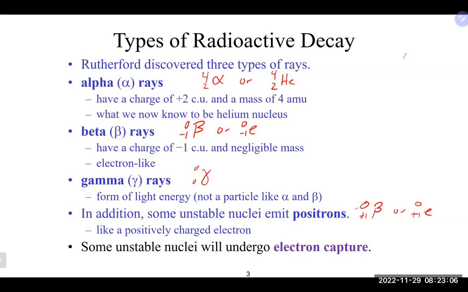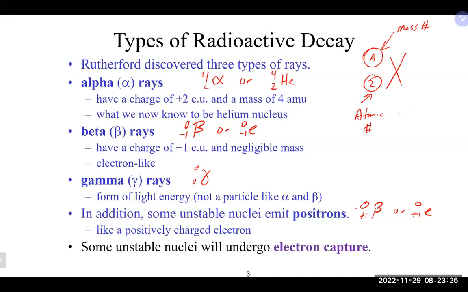By the way, when I write a number on top and on the bottom, the top number is the mass number and the bottom number is the atomic number.